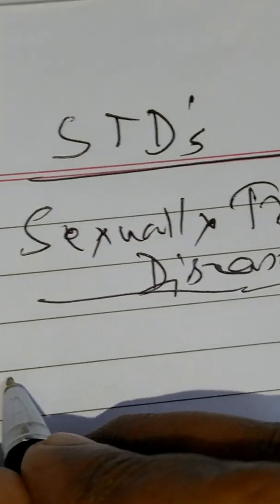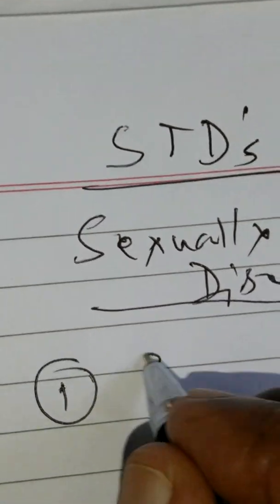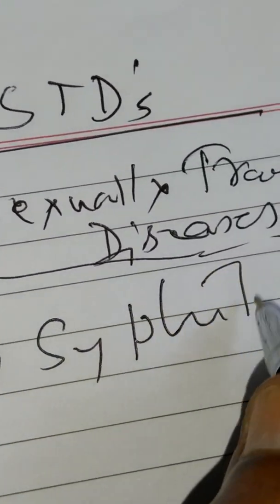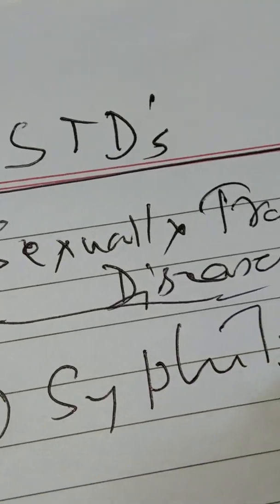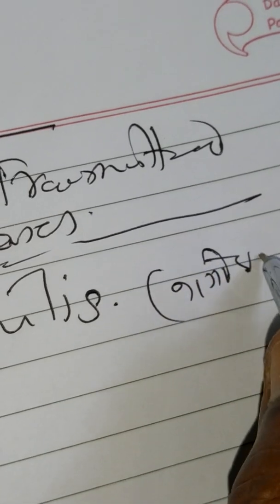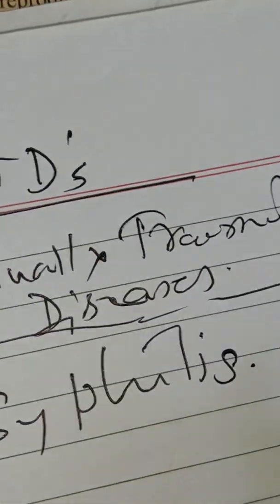There are two types. Number one is called syphilis. In Marathi language it is called nagin. Actually, what does nagin indicate? It indicates the symptoms which appear on the body, either on the sex organs or on the general surface of the body.